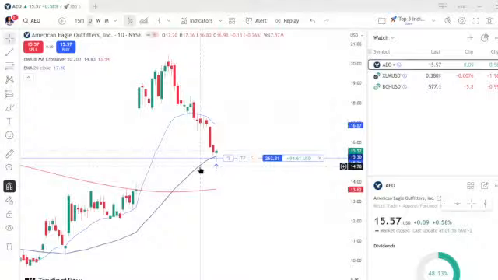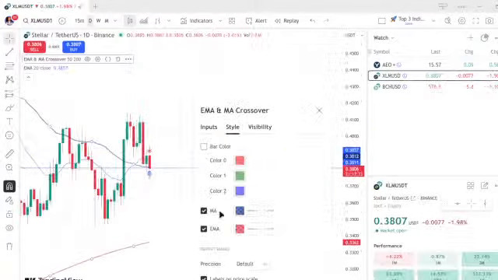So the price is between the 20-day moving average. Let's see if I can change the appearance.